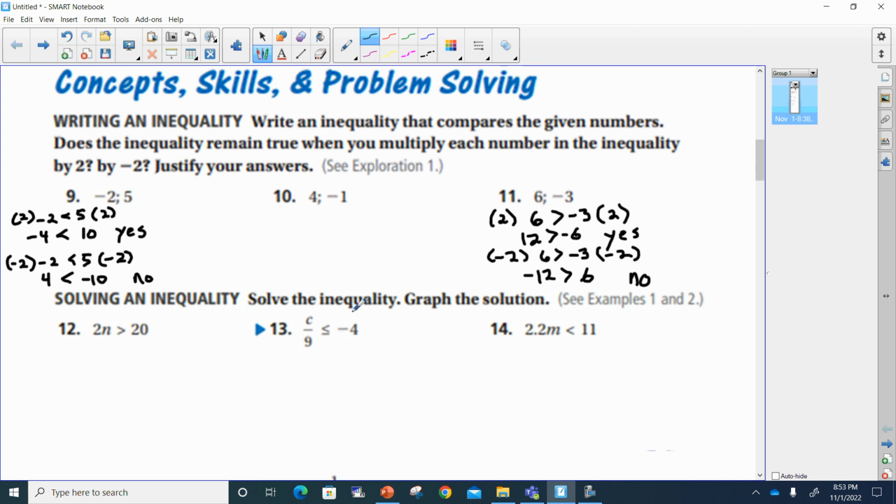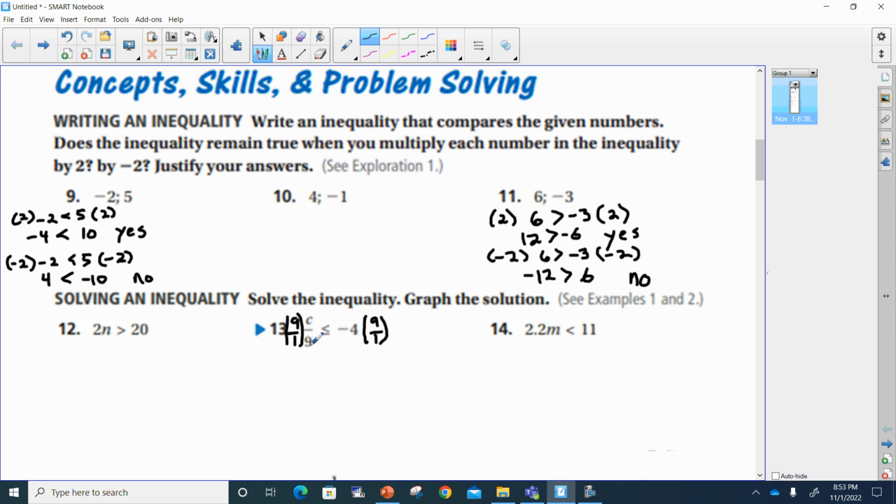All right, let's go over here. It says solving the inequality, graph the solution. If I solve this inequality, I realize I'm going to have to multiply this side by 9 over 1. And whatever I multiply to one side, I multiply to the other. I do this because my denominator was 9.